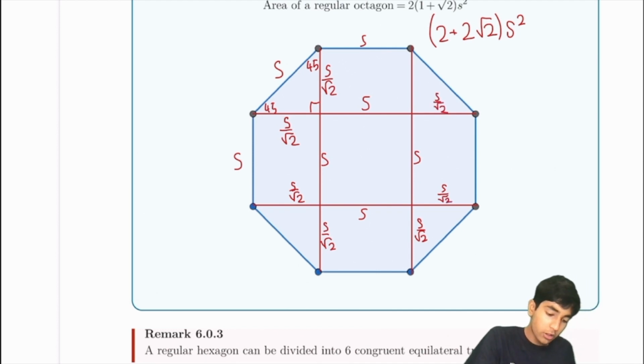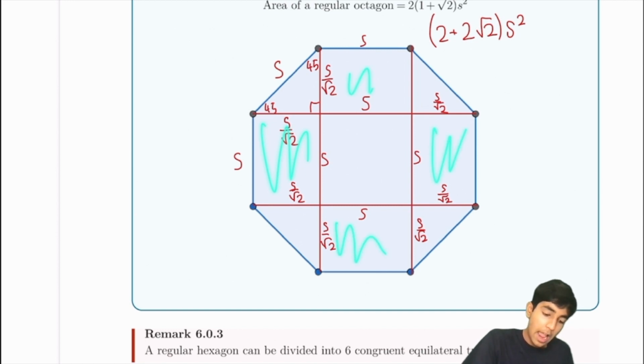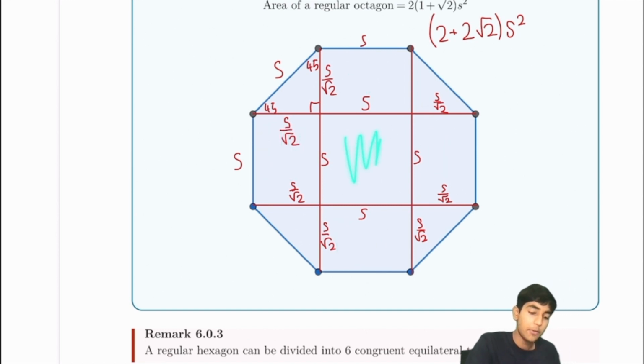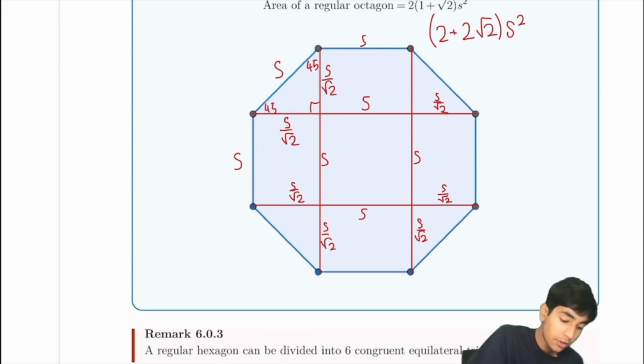Now notice how it's just the sum of these four triangles plus 4 of these rectangles and a square on the inside. And we found these ratios using 45, 45, 90. And another way, which is probably a bit easier, is you can extend the sides of the octagon, form this.